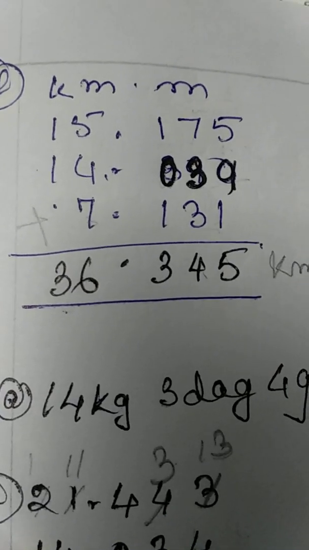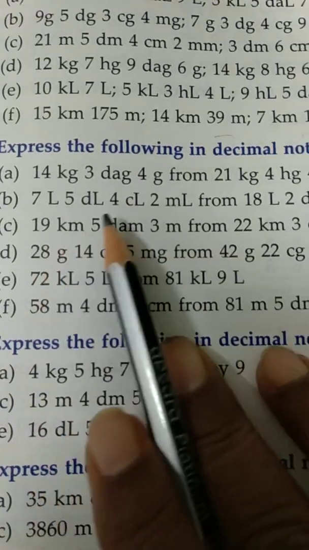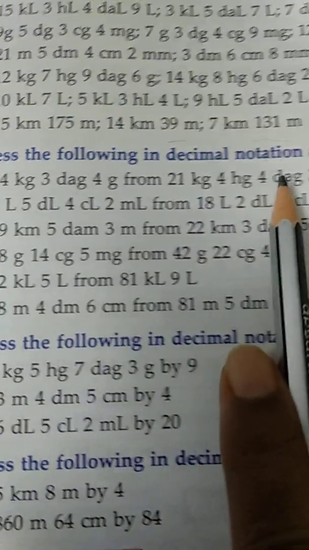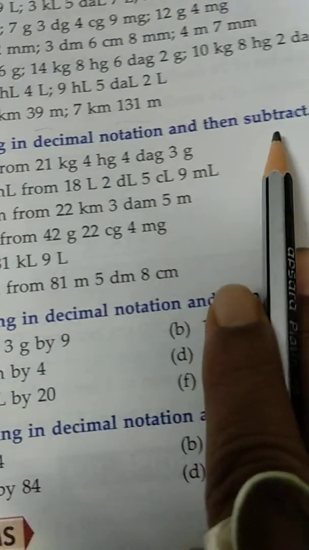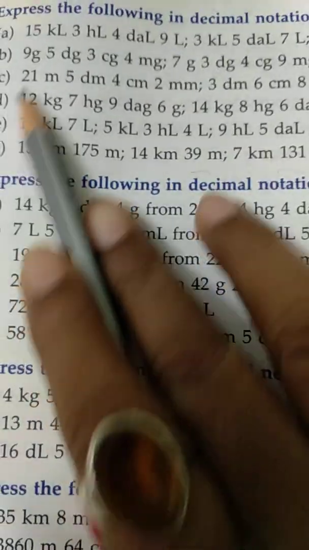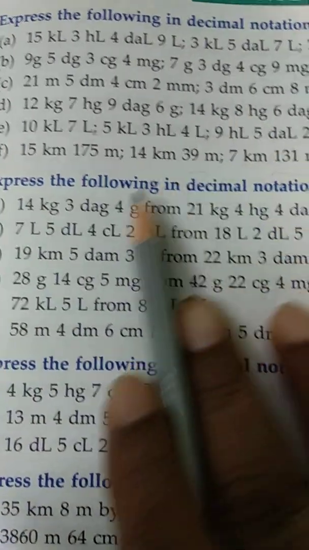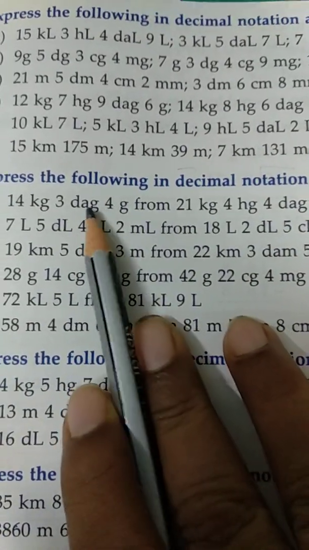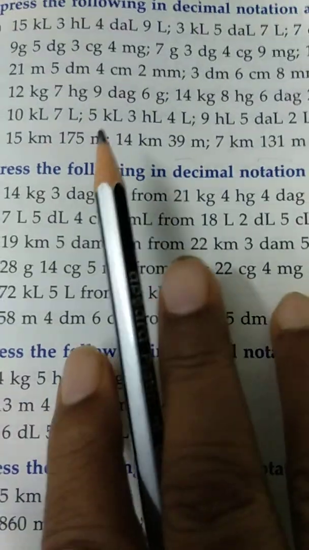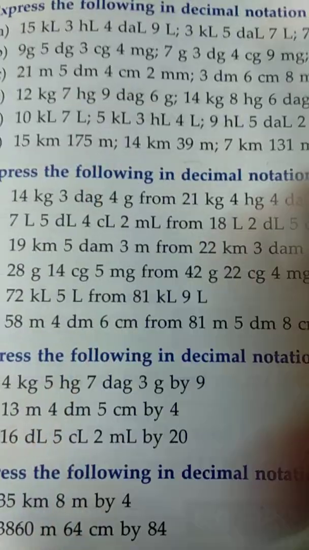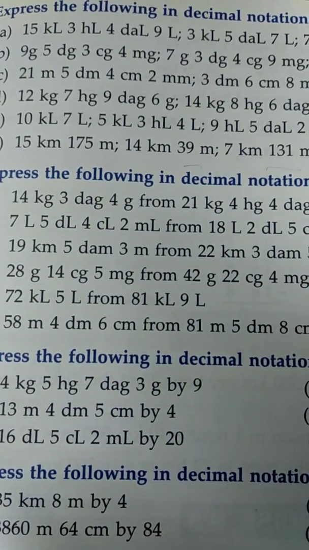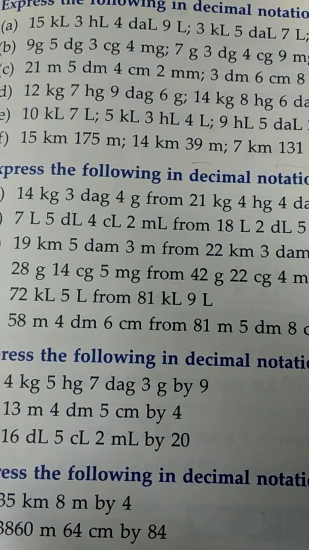Next question. They are telling us to express the following in decimal notation and then subtract. Same, we have to do the sum in the same process, then we have to do the subtraction. Here I am showing you the subtraction, not the bracketing process, because once in addition I have shown you, you can understand it. Okay, let's do.